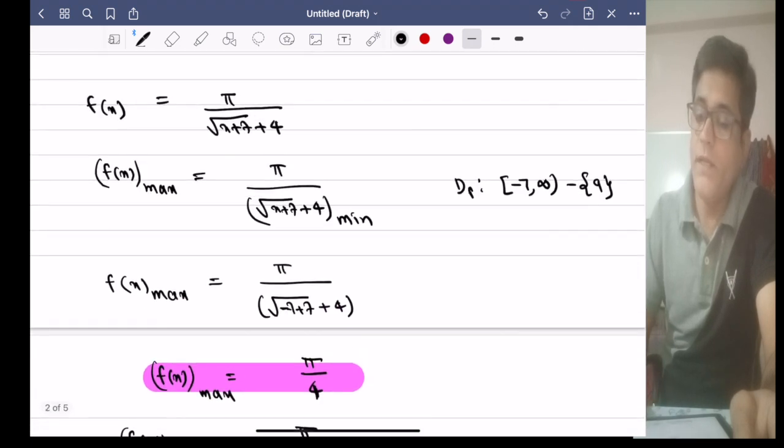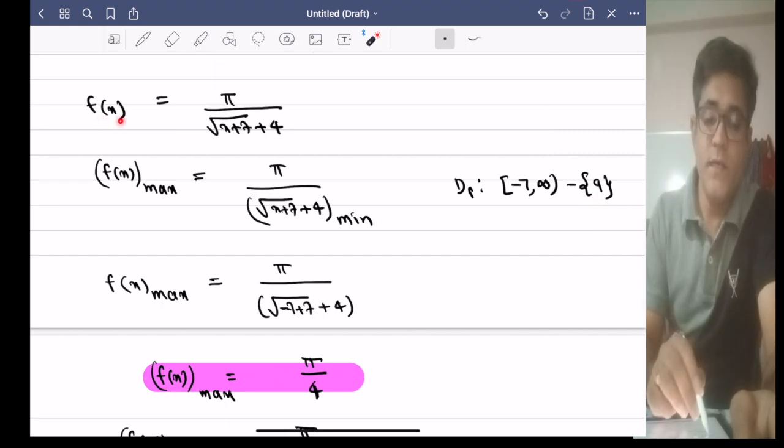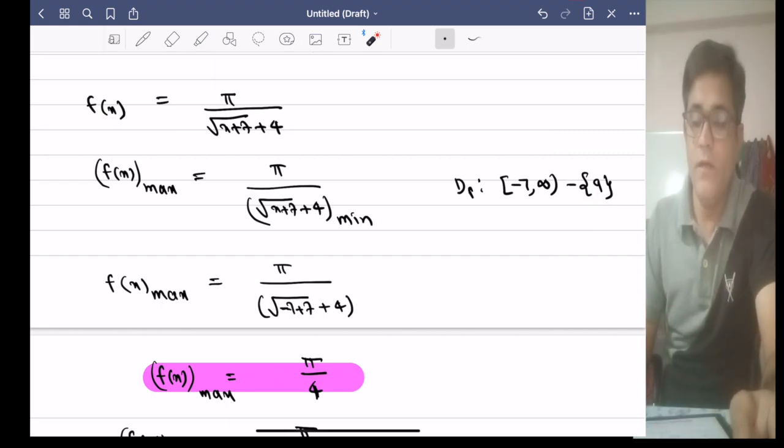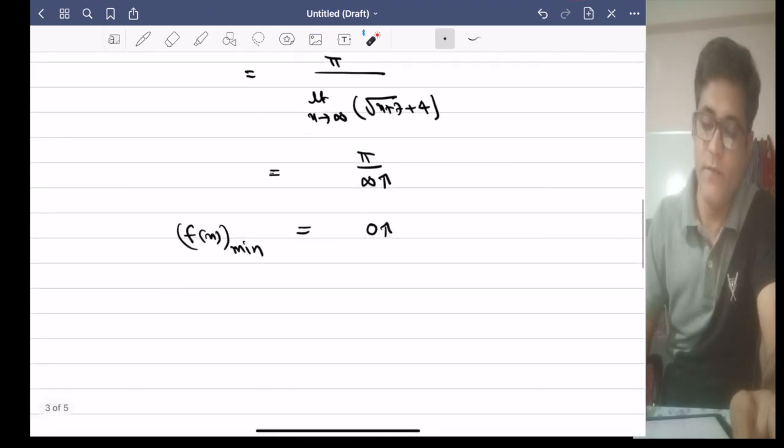And one more thing, here x is not equal to 9. The domain does not contain x equal to 9. So for x equal to 9, we will calculate the corresponding f of x value. Then we will write the final range of the function.